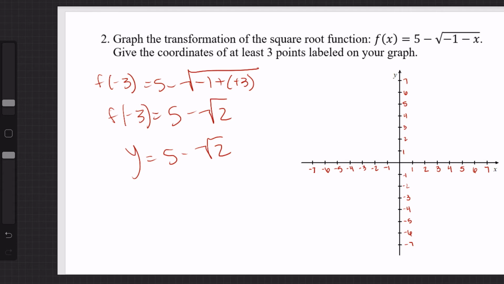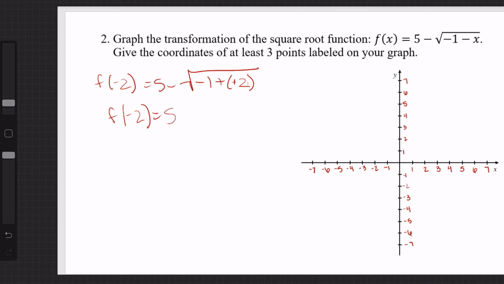Okay, and then the next step is to substitute x with -2 instead. So I'm just gonna erase this and do it as -1 + 2.